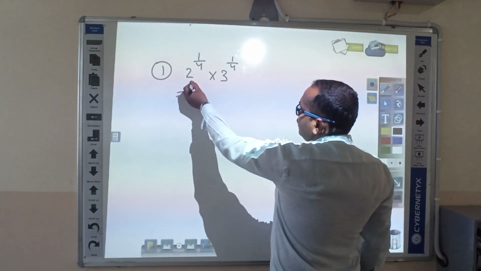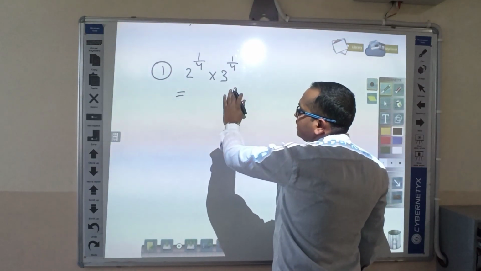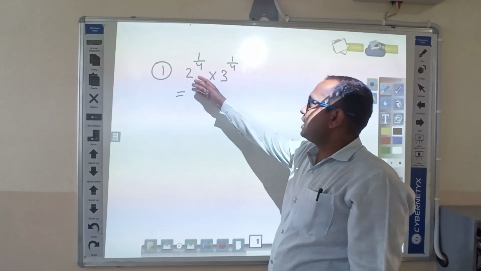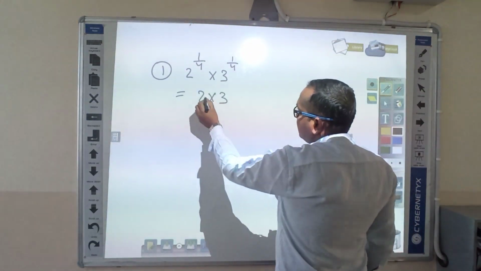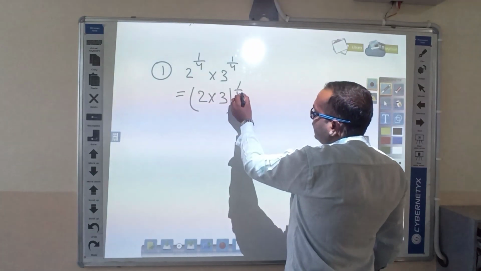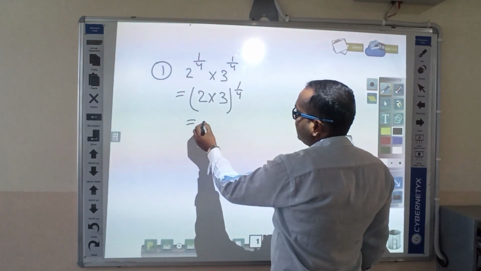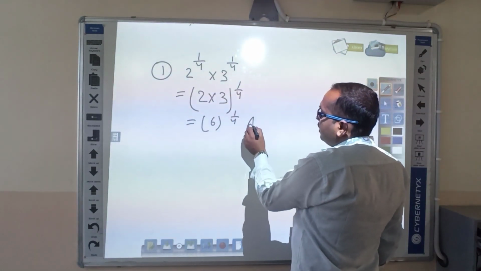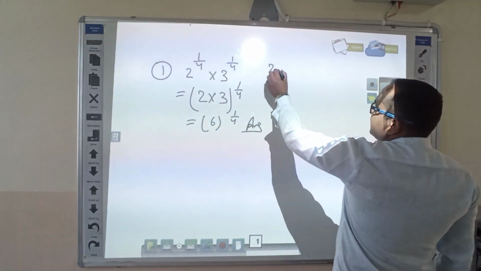So here the exponents are equal, but the bases are different. We know that when the exponents are equal and bases are different, we solve the bases taking the exponent common. So we take the exponent 1/4 common and solve the base. 2 × 3 is 6, so it gives 6^(1/4). This is our answer.